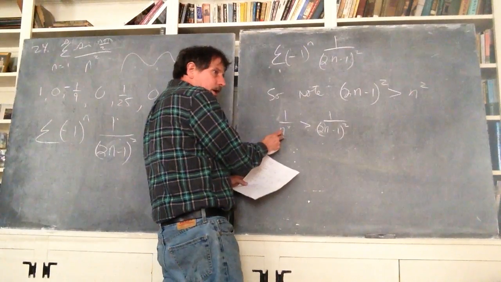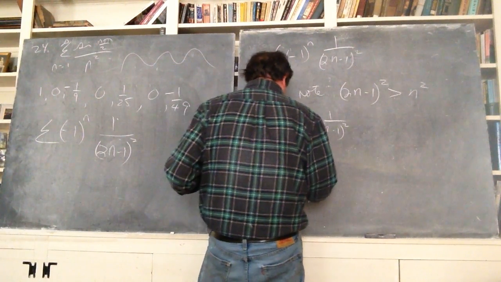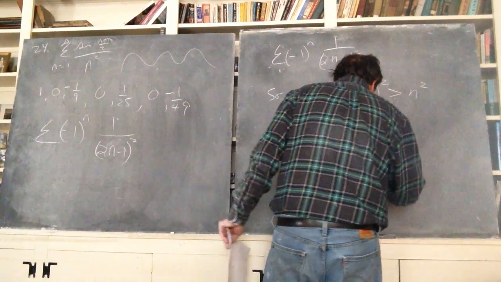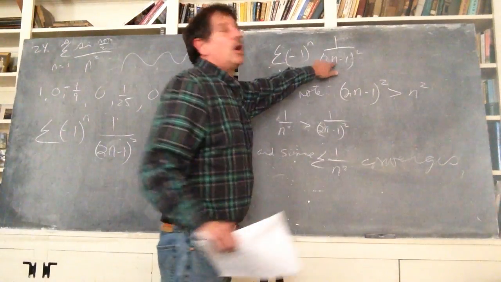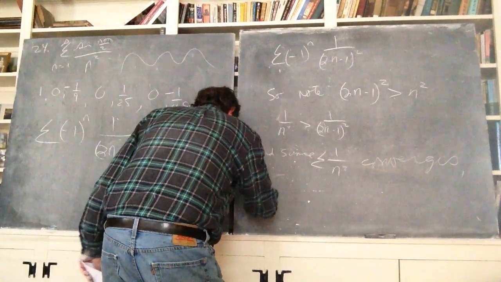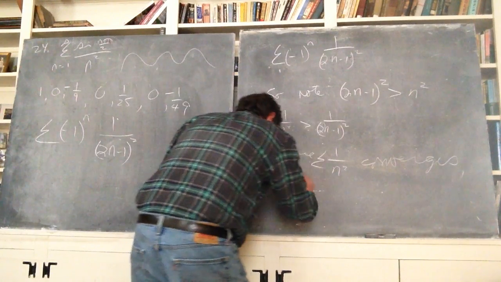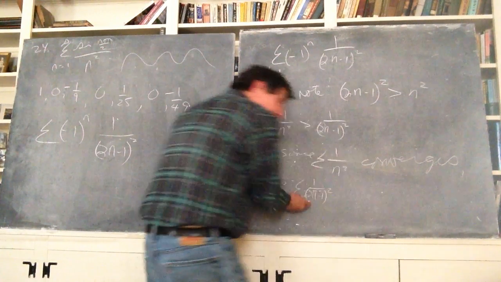And since 1 over n squared converges, so does the positive series, 1 over 2n minus 1 squared. That converges.